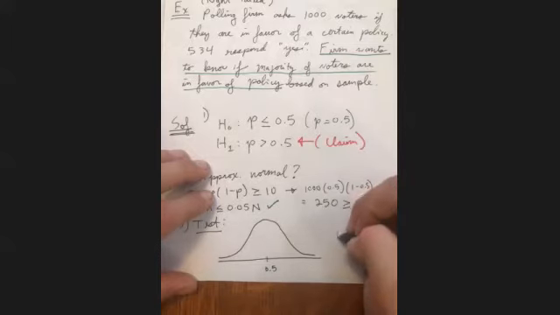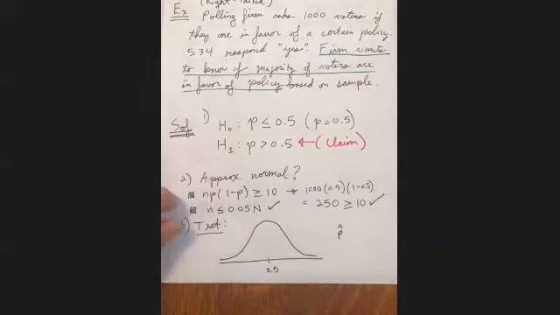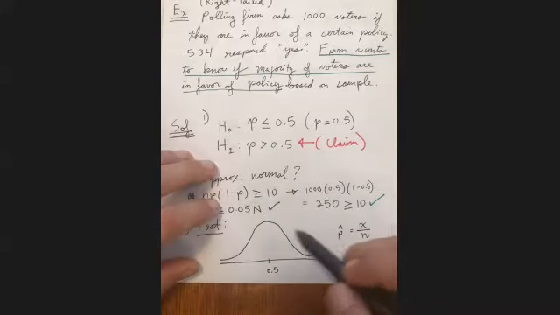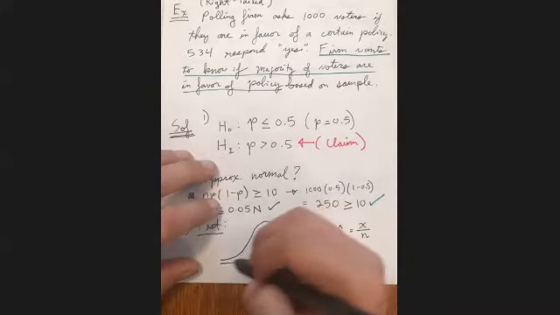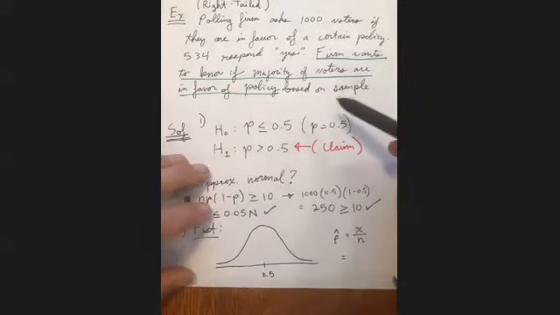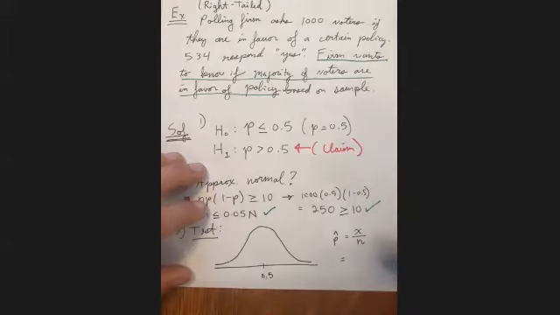So we compute p hat, essentially, which we know is x over n. And we see where that p hat lands within the distribution. So for us, that is 534 out of 1,000, which is 0.534.